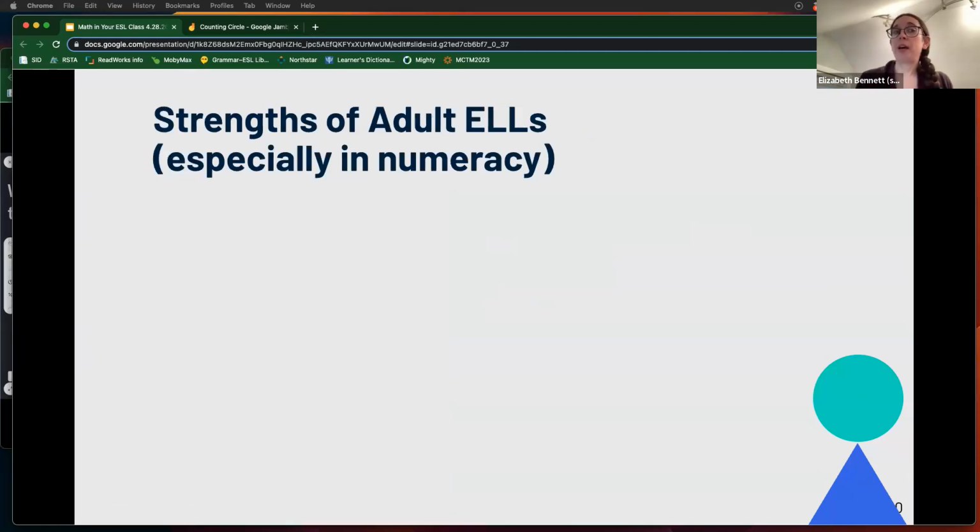I have actually found that my adult learners have a lot of strengths working in math, even in an ESL class. In general, my students seem pretty motivated to learn math.